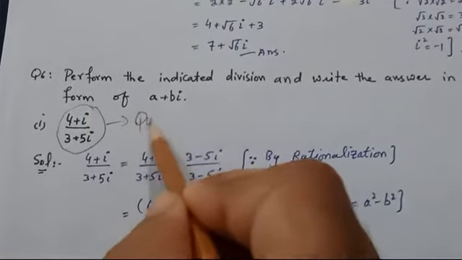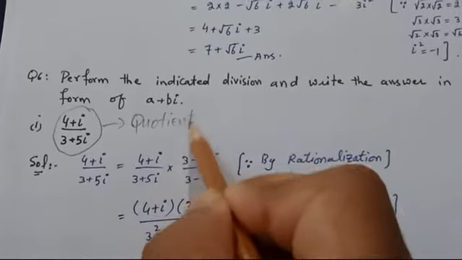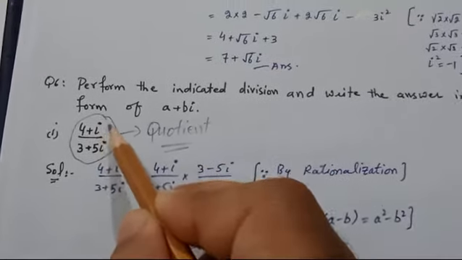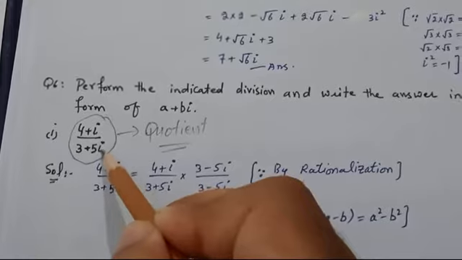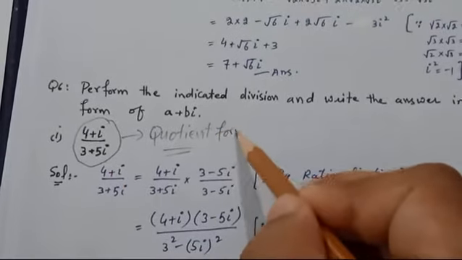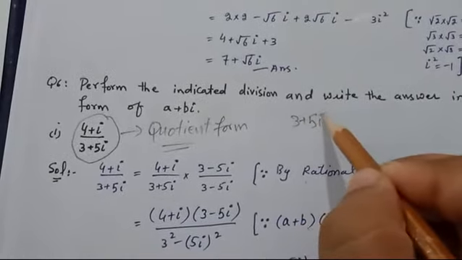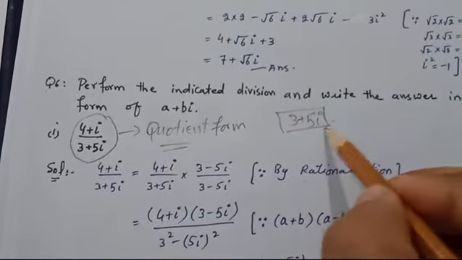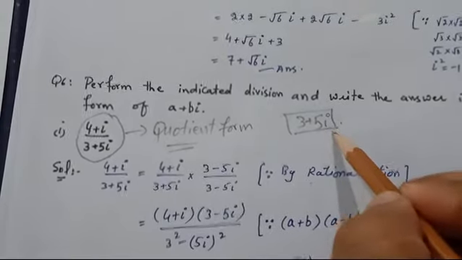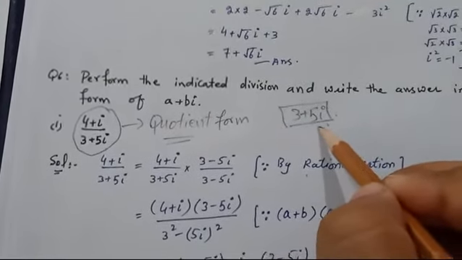This is known as the quotient form, and it means you are dividing this complex number by this one. So now you will look at the denominator. The denominator contains the complex number 3 plus 5 iota. So you will take the conjugate of this complex number.